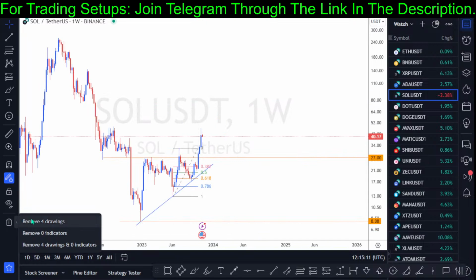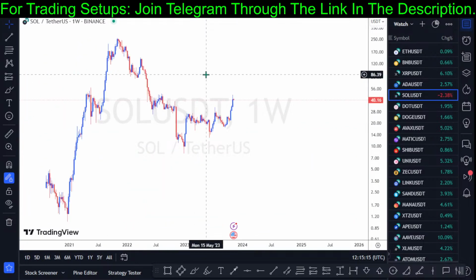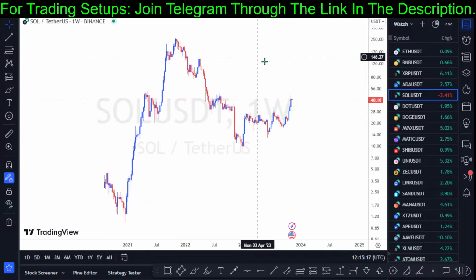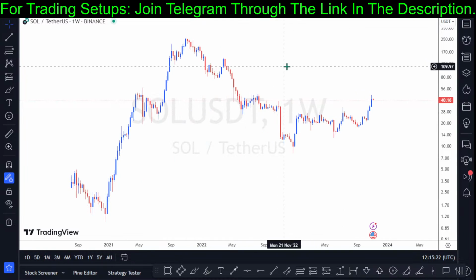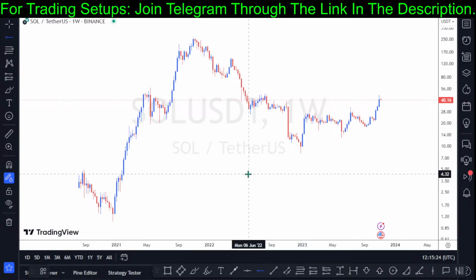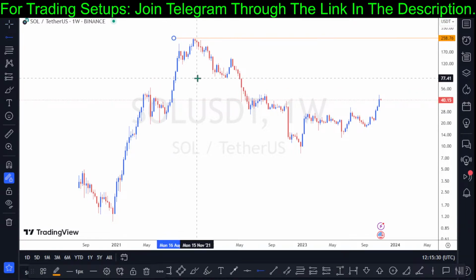Let's clean out this mess right here and try to connect our chart once again. So for those of you who have been asking me how I construct my key level, this is how I construct my key level. View this chart right here as an example. The first thing I do is we have a resistance structure above, and then we have support right here. I have a resistance structure at this level.